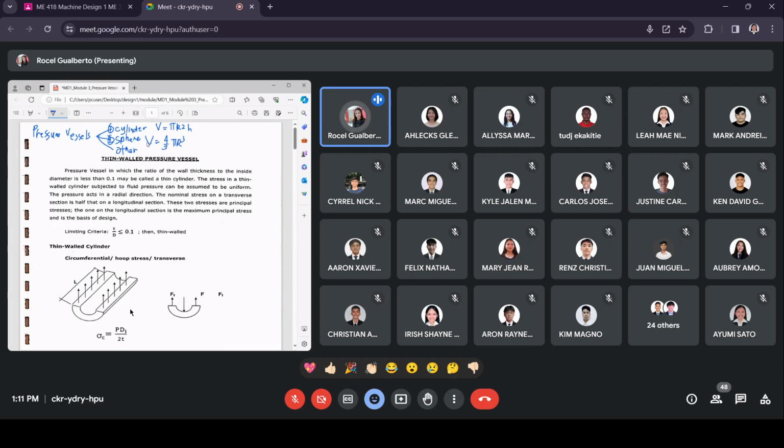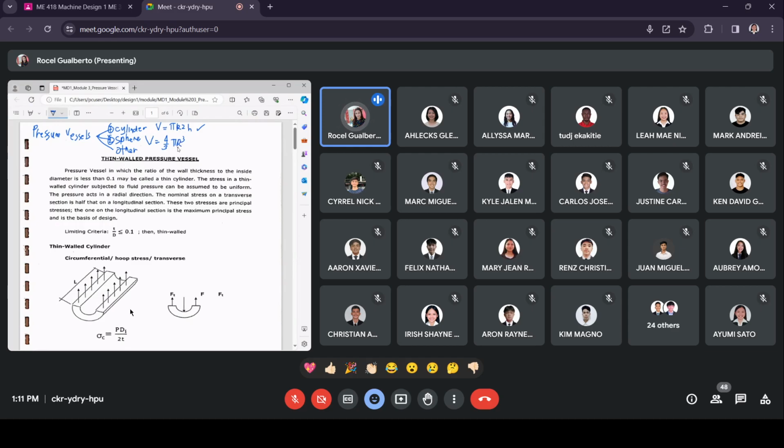As I have said earlier, if you are to increase the volume capacity, it is advisable to use the cylinder. Why? It is more space saving than the sphere. Say, let us have first the sphere. You want to increase the volume of the sphere. So what will you do?